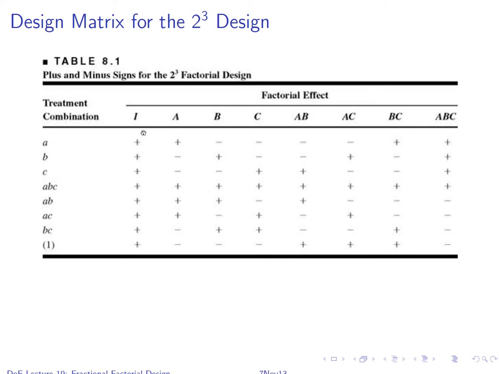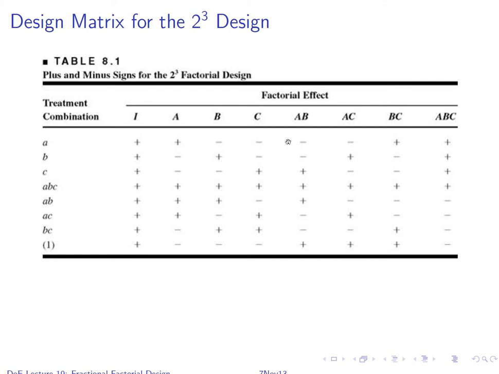And the last 4 columns represent the factor interactions. And so you simply get these by multiplying the annotation for the individual factors.